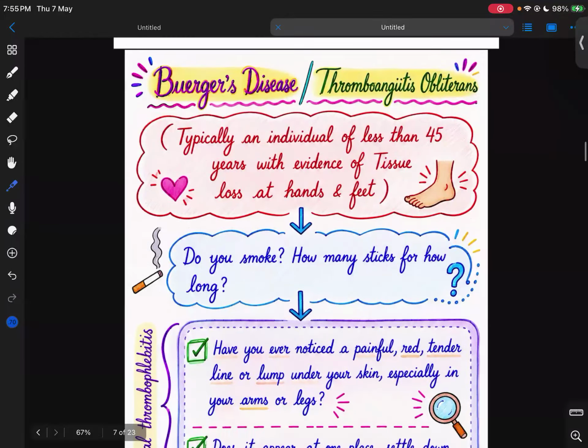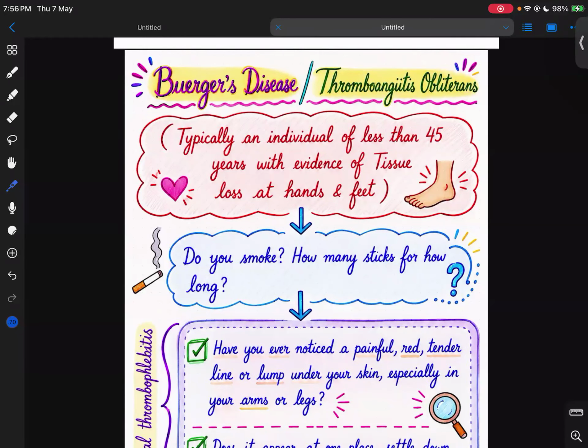You have to confirm it by asking the screening question. Buerger's disease happens in smokers, and it affects the radial artery and the tibial artery most. It basically affects the artery, vein, and nerves. But due to the involvement of the radial and tibial arteries, the patient can have amputation of hands and also feet.